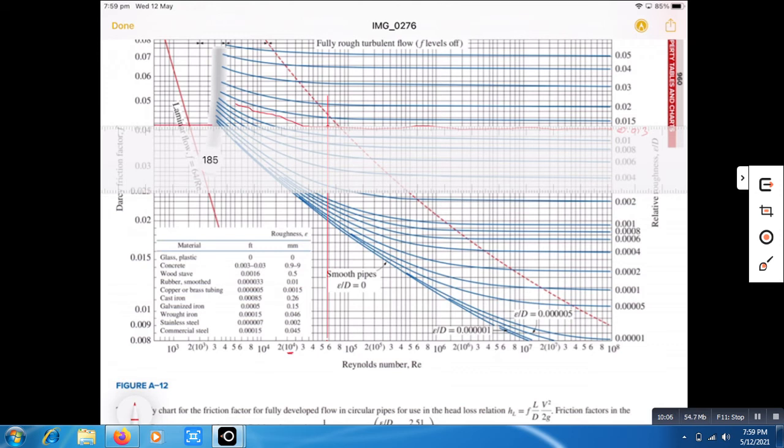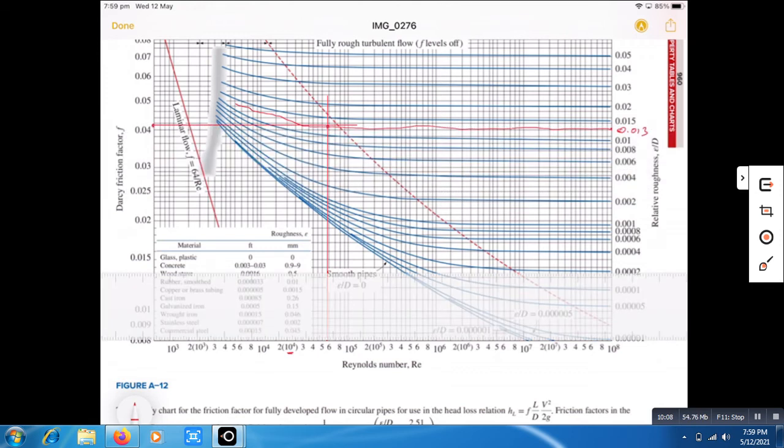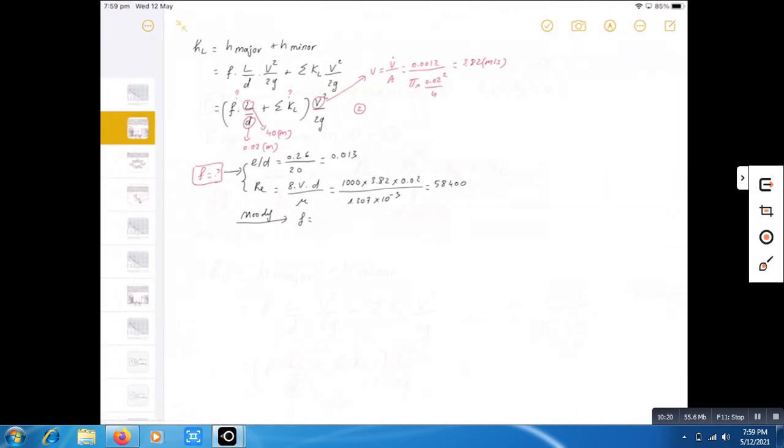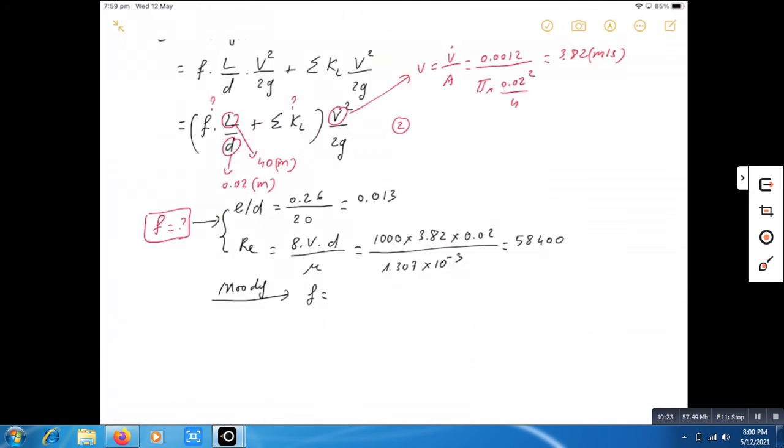So in this case f is approximately 0.042 from the Moody diagram.